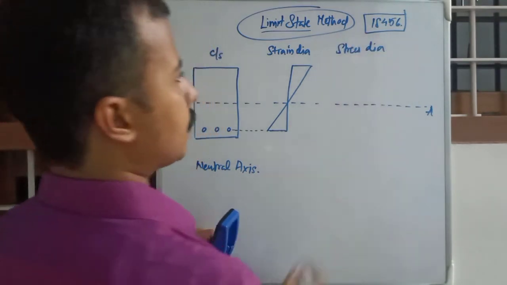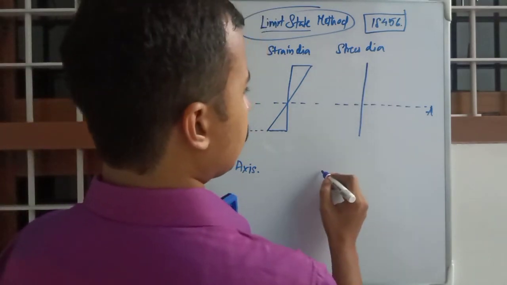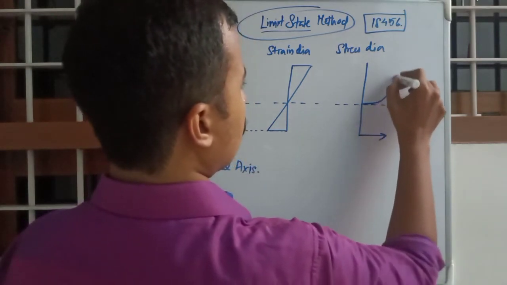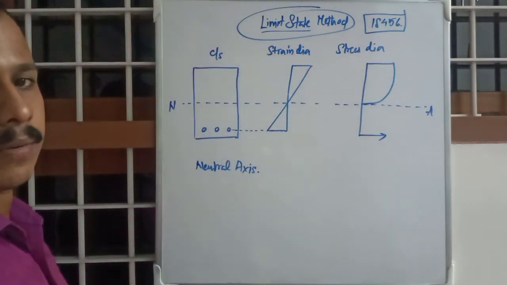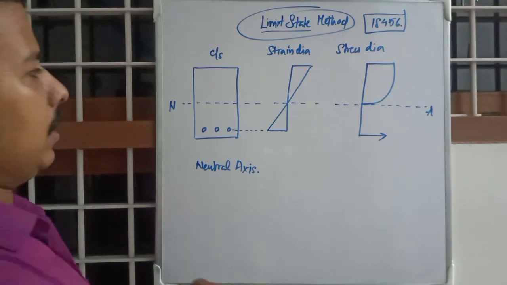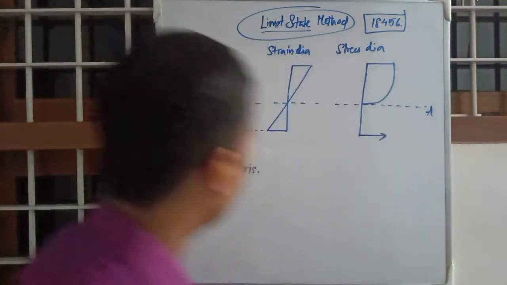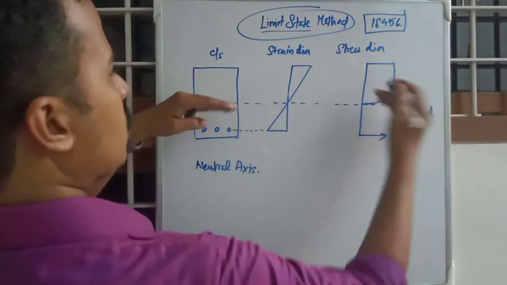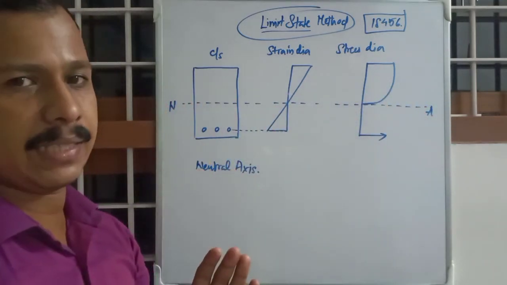And this is the stress diagram, and the stress diagram is a little different from the strain diagram. Of this cross section of the beam, this is the neutral axis, where there won't be any forces acting.